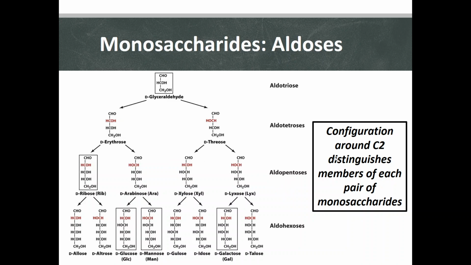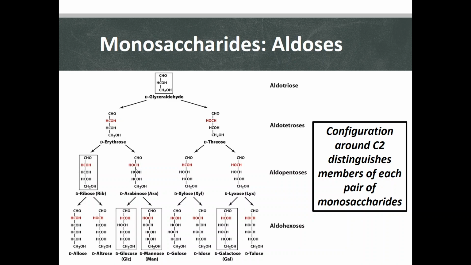But yet again, the configuration around C2 distinguishes the members of each pairing. So you can distinguish xylose versus lixose based on the C2 configuration, likewise ribose versus arabinose.